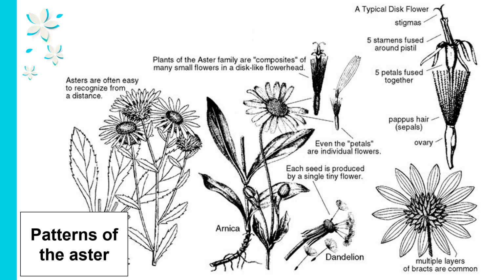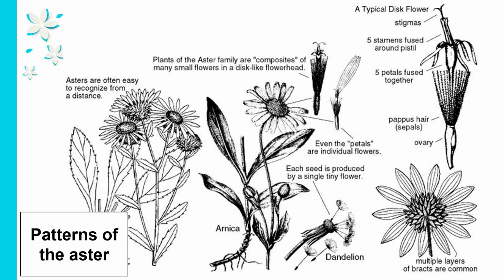When you see a sunflower in full bloom, you can see that there are hundreds of little flowers on a dish, each producing just one seed. Each disc flower has 5 tiny petals fused together plus 5 stamens fused around the pistil with antenna-like stigmas.